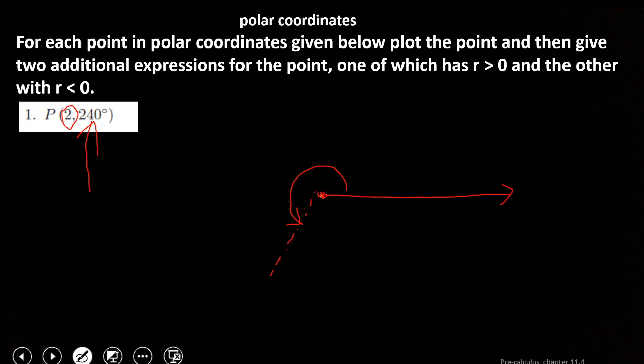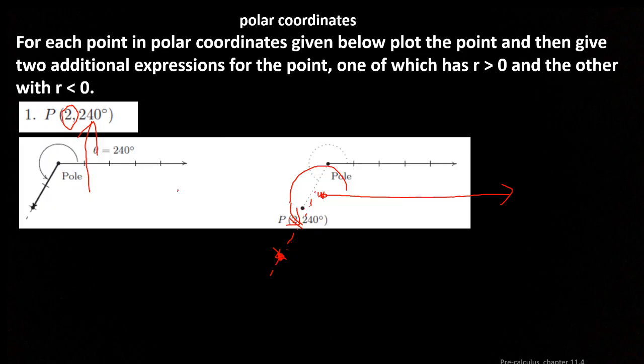That's 1, that's 2. And I put a point right there. That is the point that this ordered pair of r and theta represents.